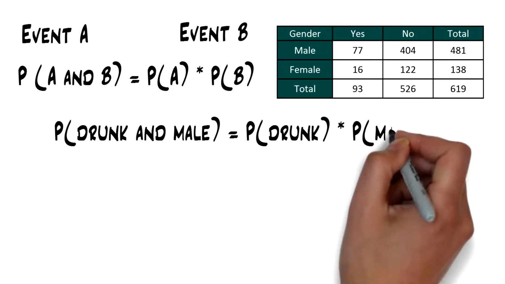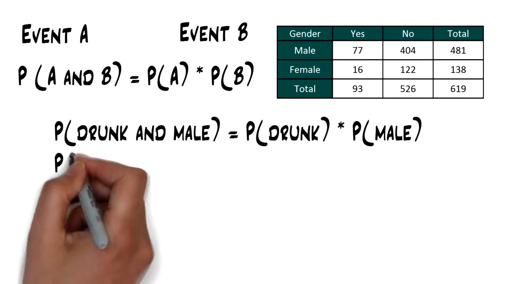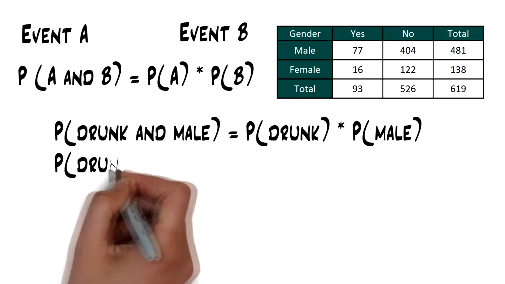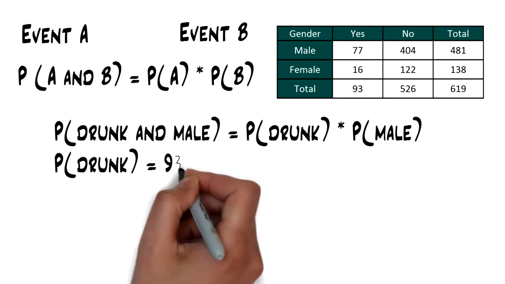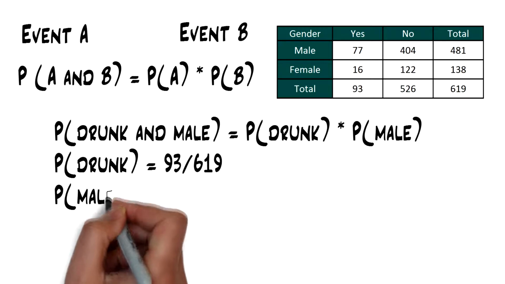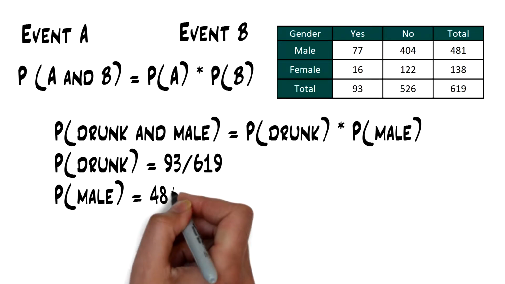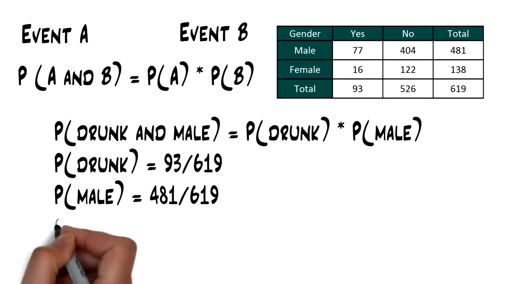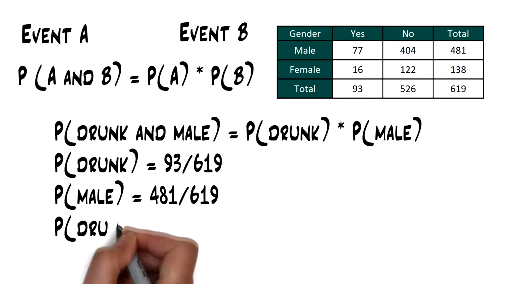By dividing the counts in our table, we see that the probability of being drunk is equal to 93 divided by 619, and the probability of being male is 481 divided by 619.